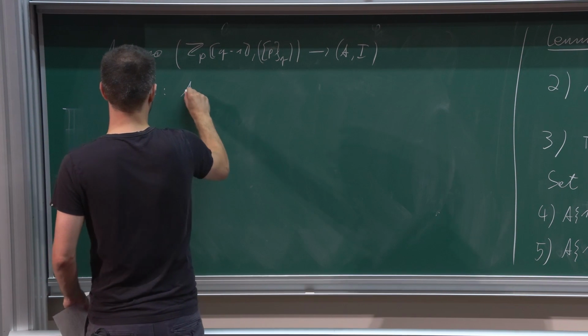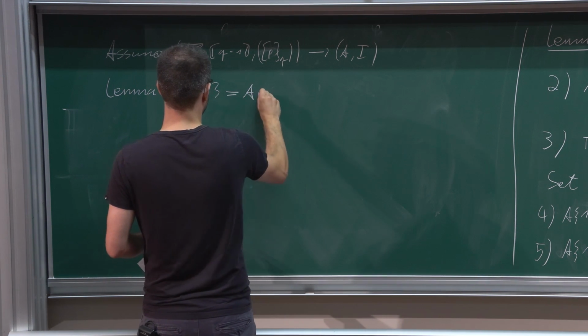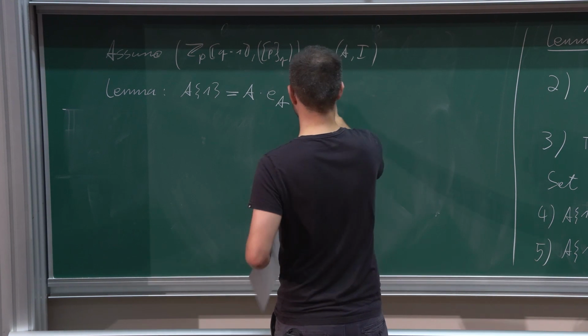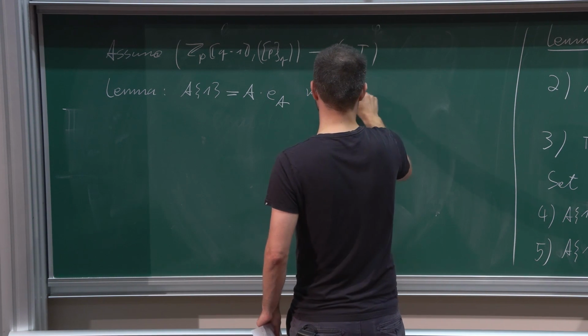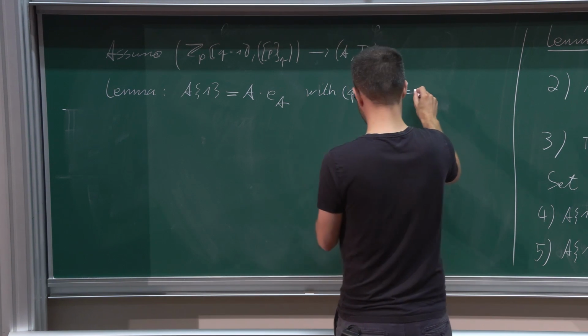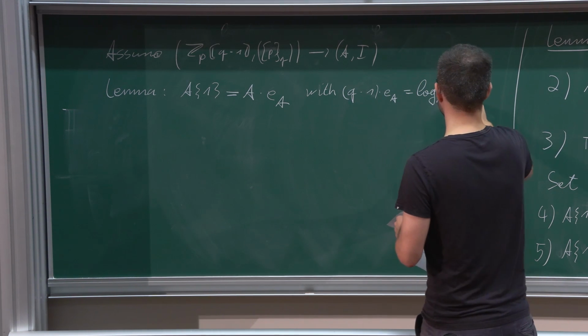The Breuil-Kisin twist is equal to A times e_A, with q minus 1 times e_A equal to the prismatic logarithm of q to the p.